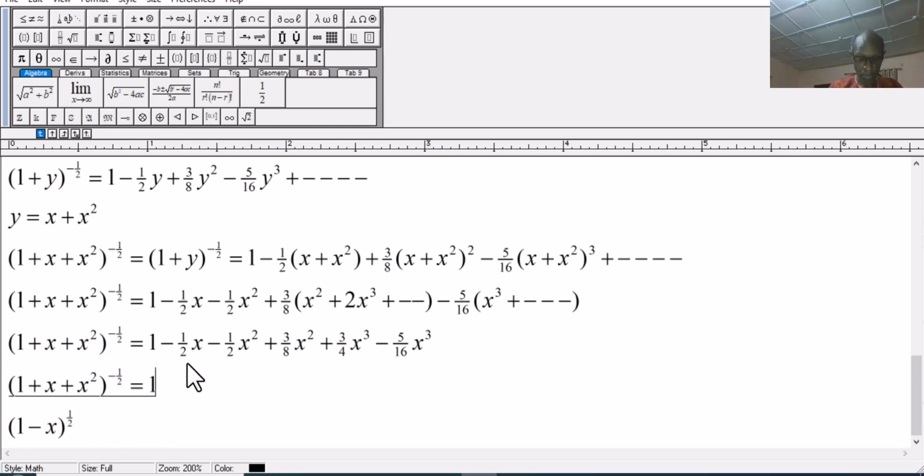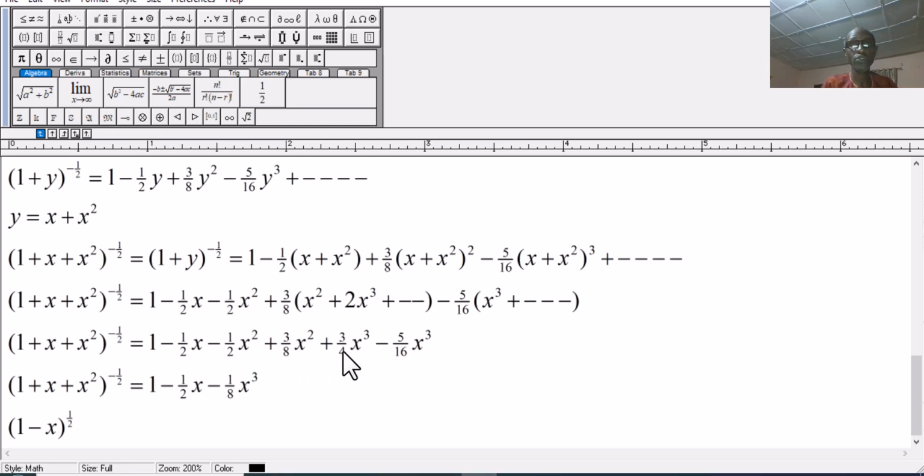So minus half x squared, and this gives us minus 1 over 8 x to the power of 3.